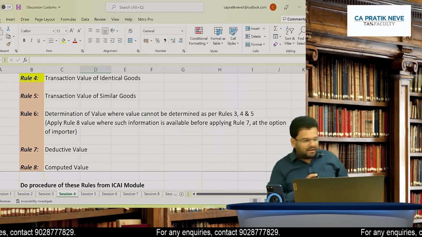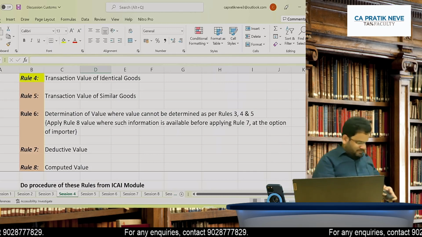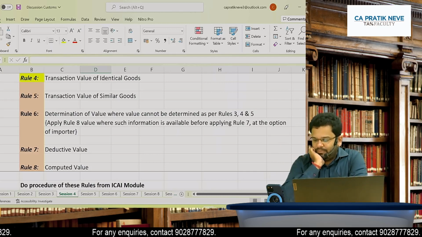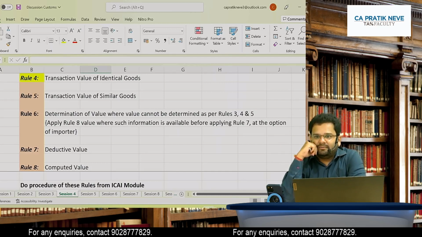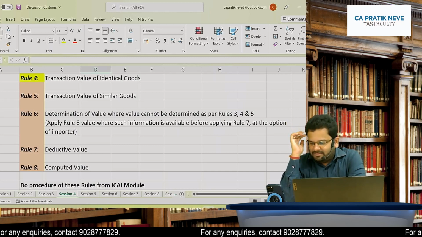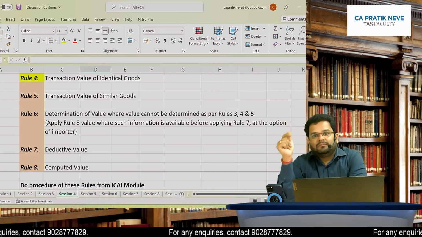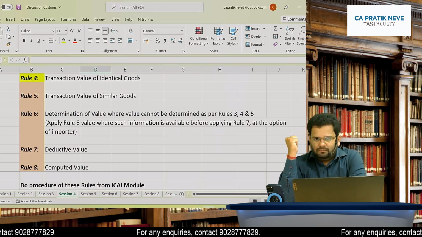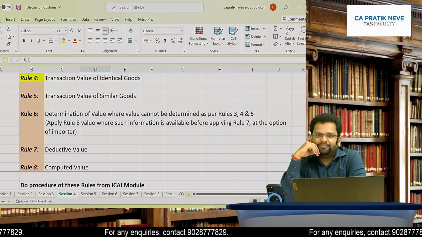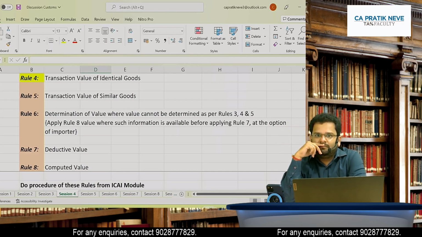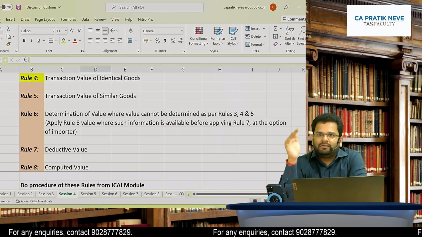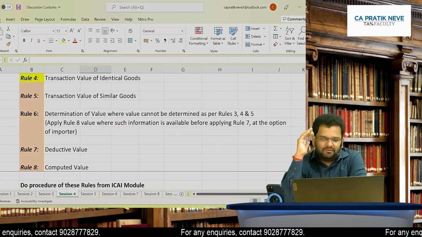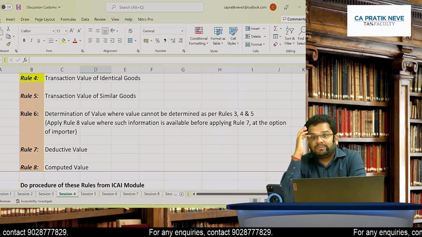You try, but it's not that effective. Why? Find out the reason why it is not effective. Do SWOT analysis: strength, weakness, opportunity, threat. What exactly am I lacking? Just check that and start doing it. And don't be dishonest with yourself. Be honest with yourself. Okay, this I am not getting. Practice it. Read it. If it's theory, read it. If it's sums, practice it. There is no partnership while clearing the exam.